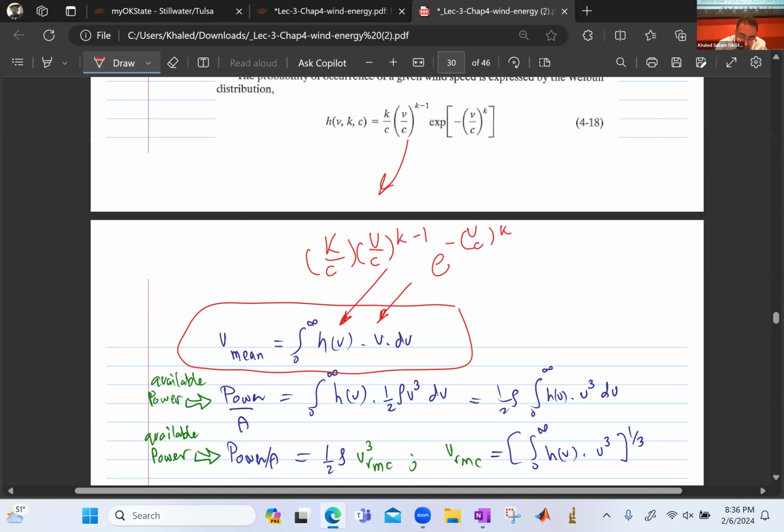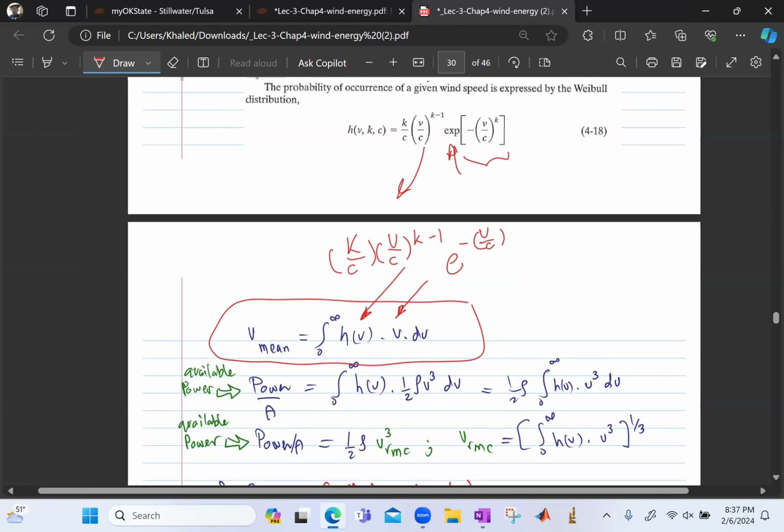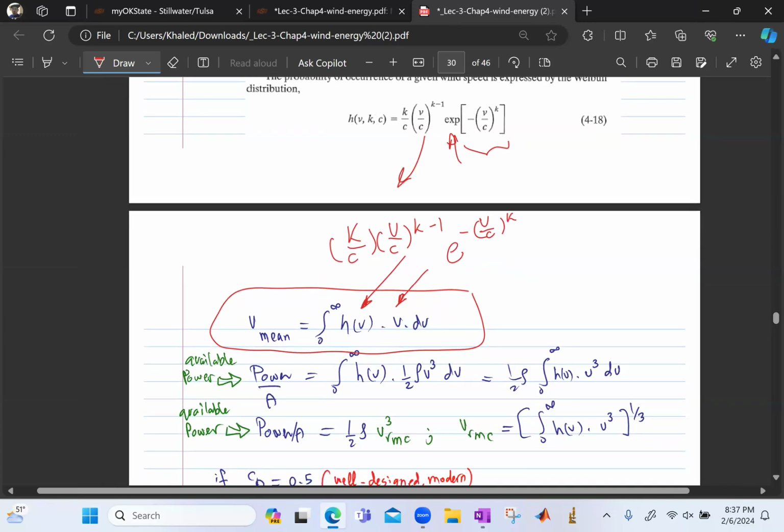So make sure you can read this. What is that? That's E to the power, exponent. Power of what? Power of what's inside this bracket. What's inside this bracket? There's a minus sign, and V over C raised to power K. So E to the power, and the number on top has also another power.